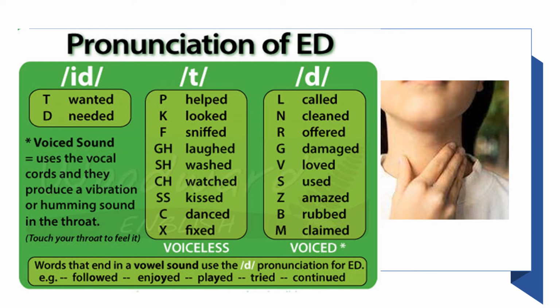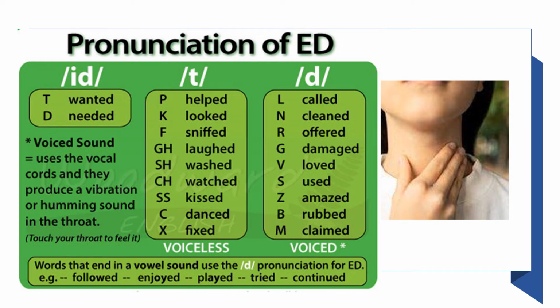But if the last letter of the base form of the verb is voiced, such as in called, the base form of the verb is call. L is a voiced sound.